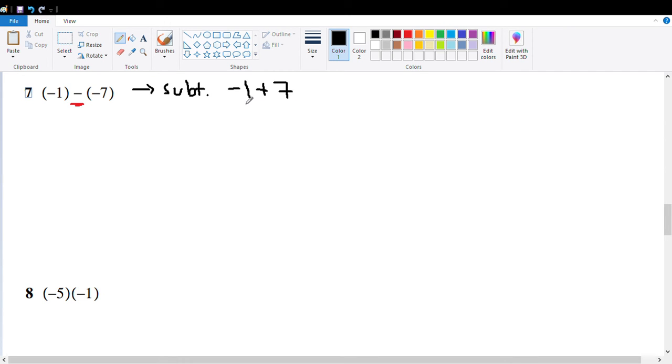So what we're actually going to do is -1 plus 7, and now we're going to do the addition rule. I forgot to put the subtraction rule. This is the addition rule. Okay, I'm going to shortcut this. Same or different sign? Different sign.